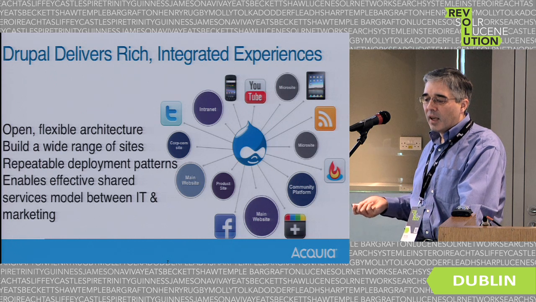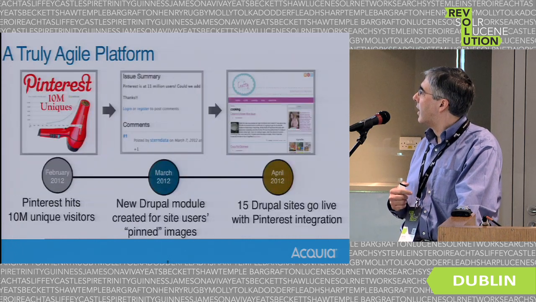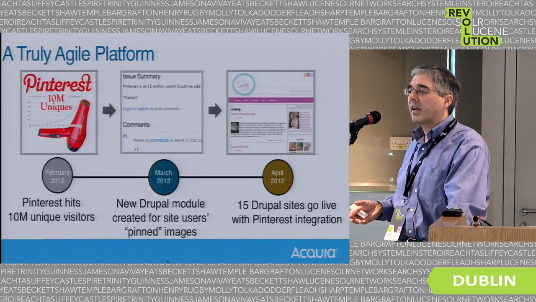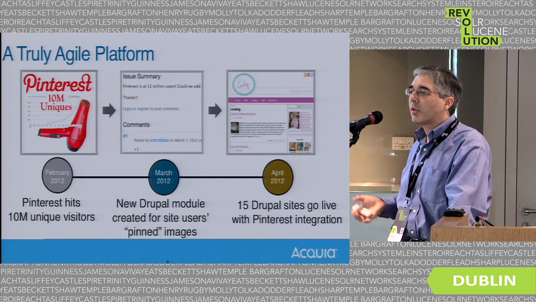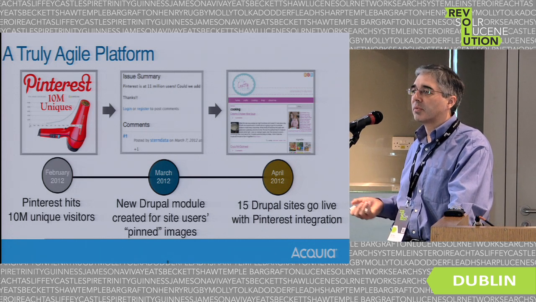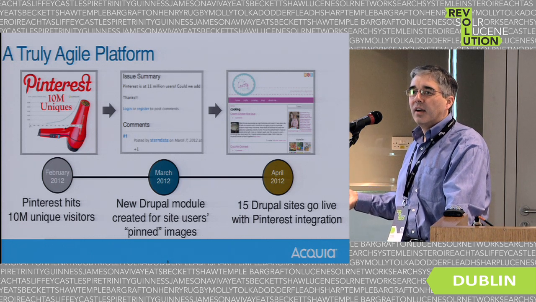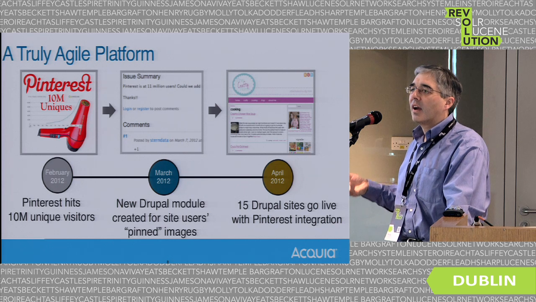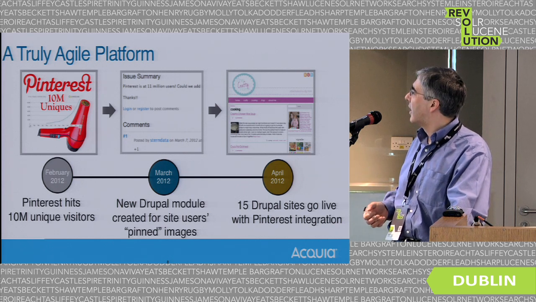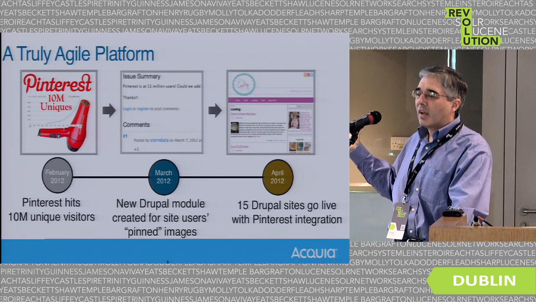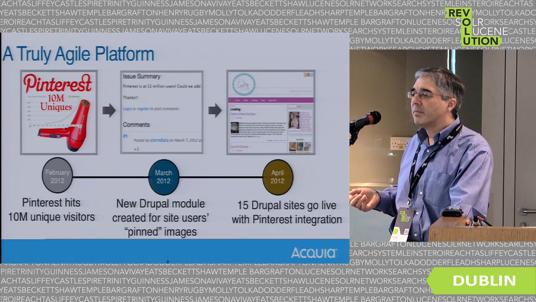So, as an example, again, of why Drupal brings you real advantages as this open and flexible platform, if we look at the history of an emerging web phenomenon, something like Pinterest, when it hit 10 million unique visitors, it was a little over a year ago.